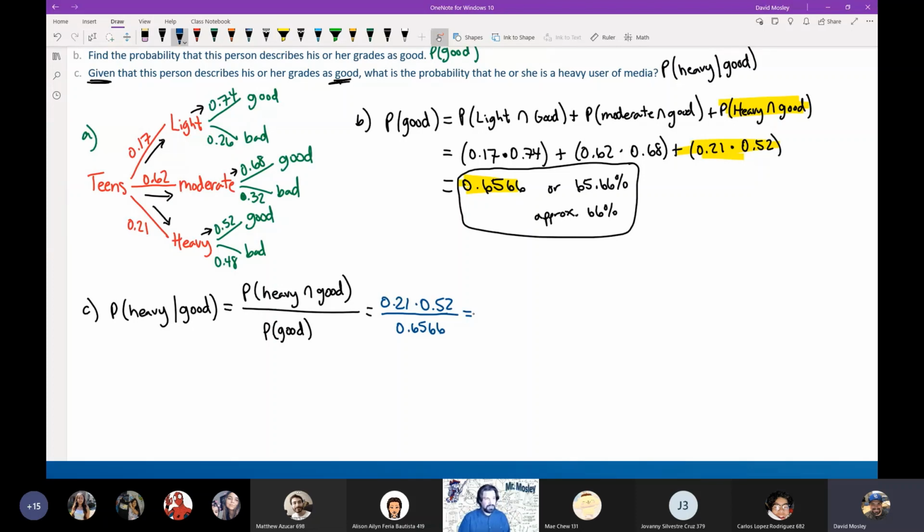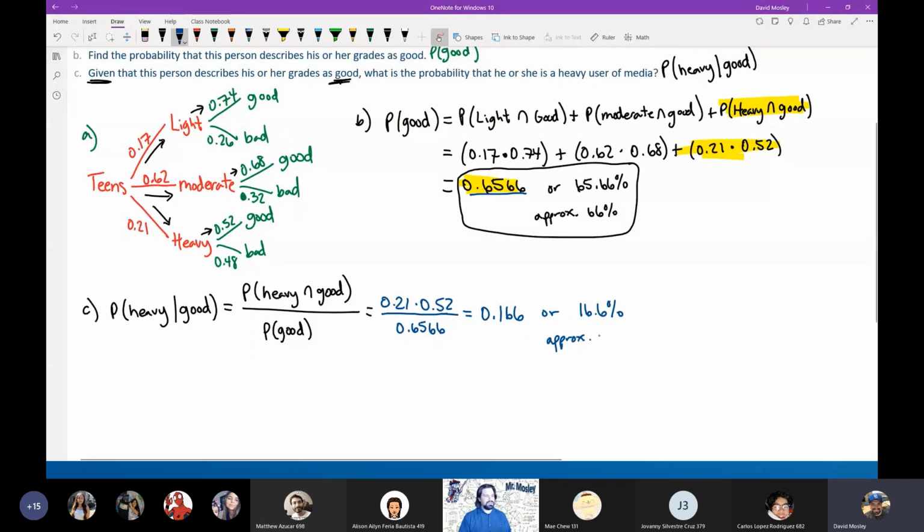And also keep in mind, I'm using this whole decimal because I have the whole decimal. I can use it. It's only 4 decimal places. I'm not using the approximation. And that leaves us with 0.166. We'll round that one there. It's a lot more decimal places. Or we have 16.6%.